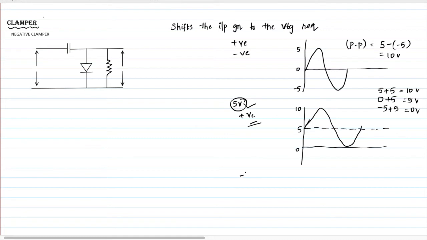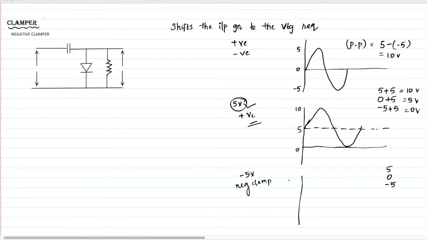Now what if you need to shift the signal downward, minus 5 volt? So you will be using a negative clamper. So when you use negative clamper, again the positive input peak is 5, the DC value is 0, negative peak is minus 5. This is the given input signal values.